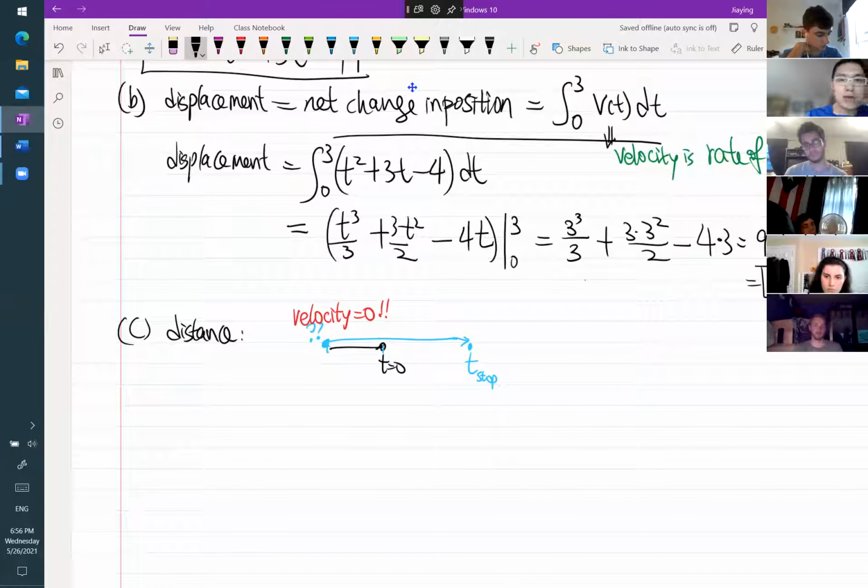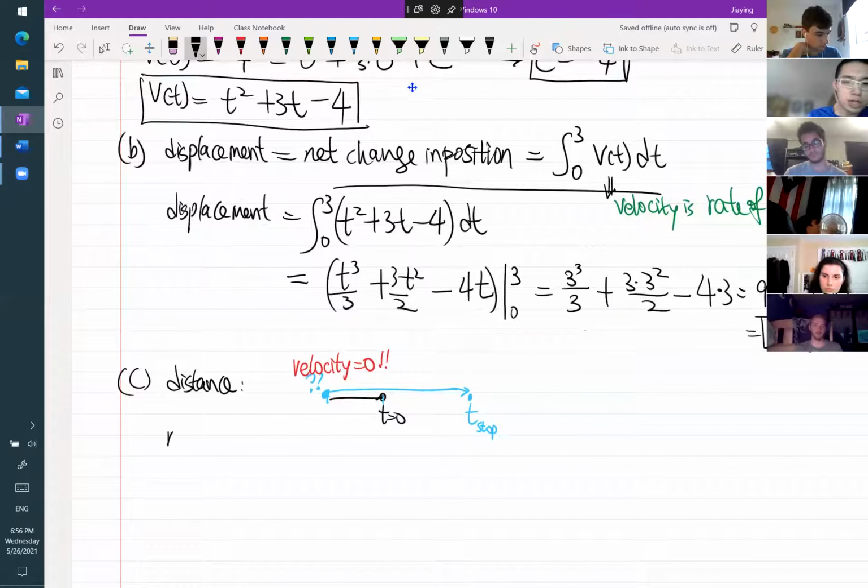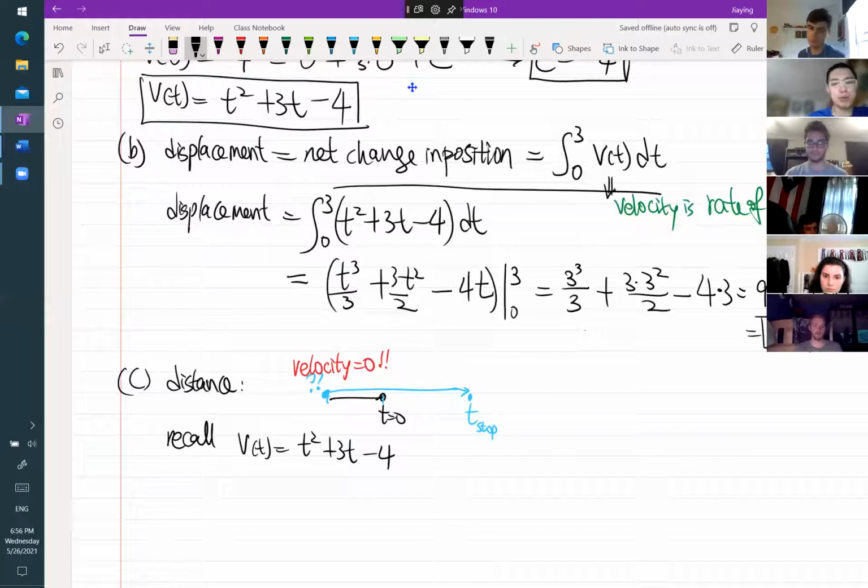So what do we have? Recall that velocity equals t squared plus 3t minus 4. We need to know when it becomes 0, so we set v equals 0. That's t squared plus 3t minus 4 equals 0.